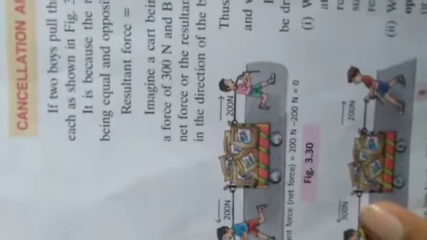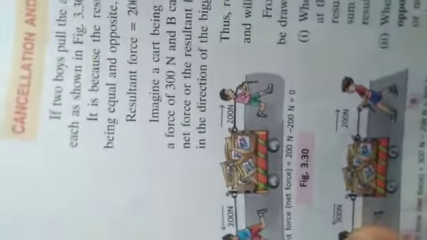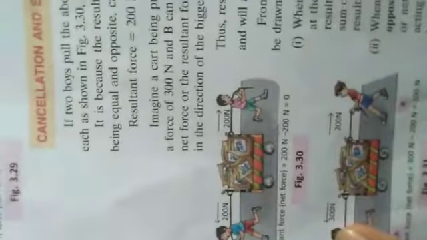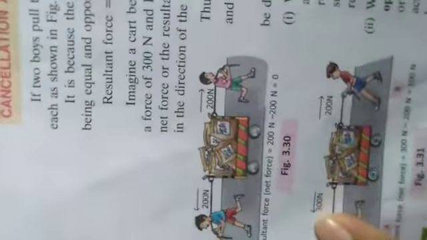And the direction of the resultant force will be the direction in which the larger force acts. In the case of figure 3.31, the direction of the resultant force is towards the 300 Newton force.